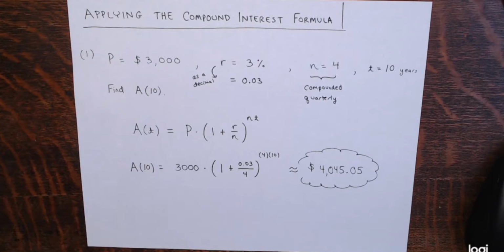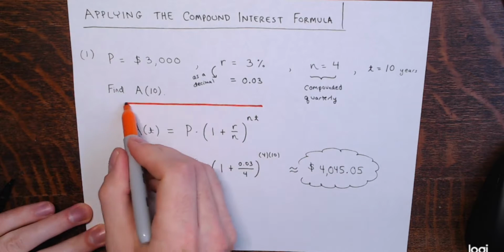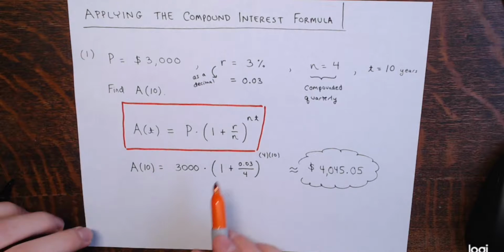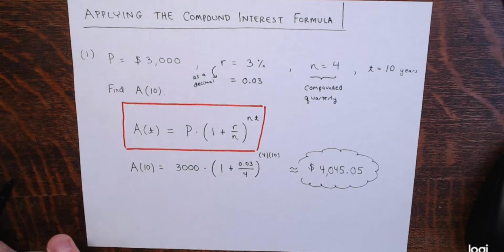Right, but I'll put this formula in a box, and I'll be writing this up for every single problem. I would say get to memorizing this, just like the quadratic formula or something. This will be very important for all these problems. It'll make it a lot easier, of course, if you memorize it.